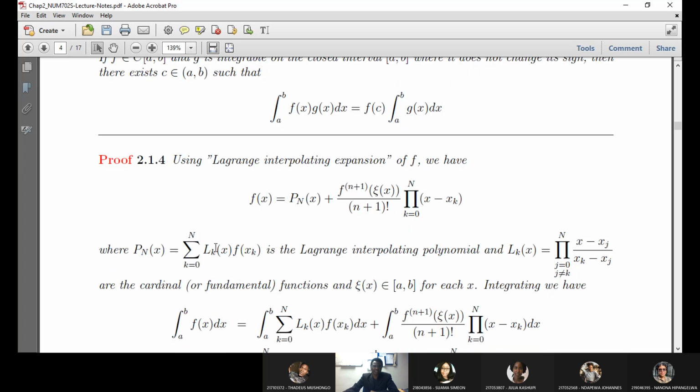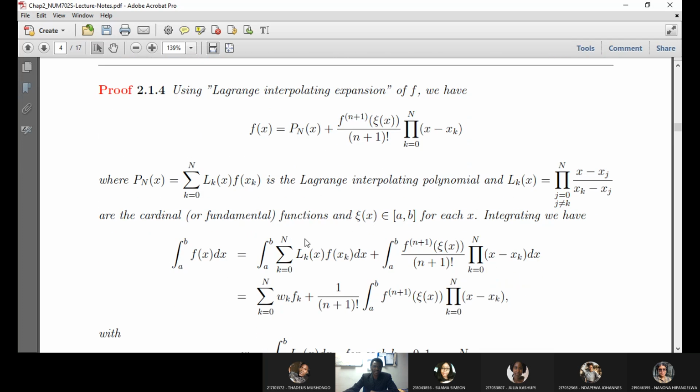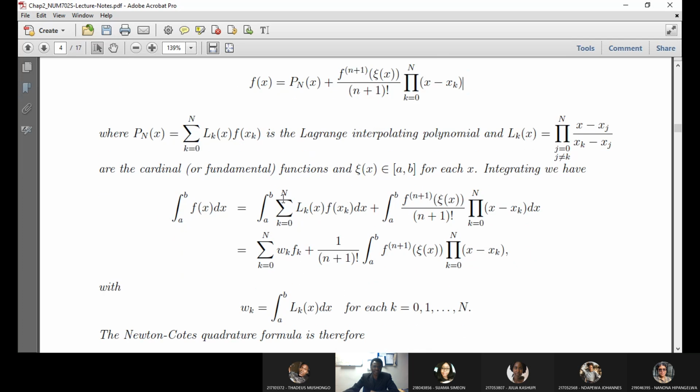If you use the Lagrange interpolating polynomial, this is how you write your Pn. Now, if you integrate this function f of x, this is what you get. And you can see already that from Pn(x), you have this expression that you integrate.